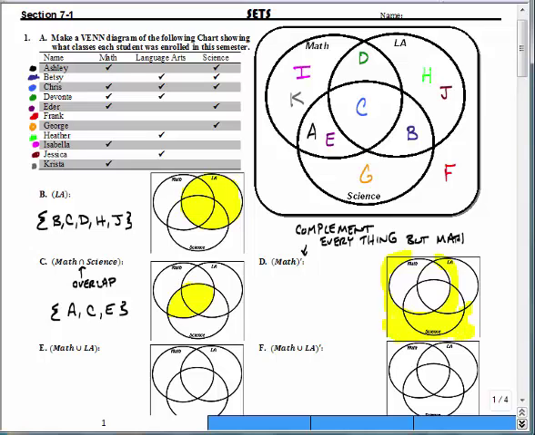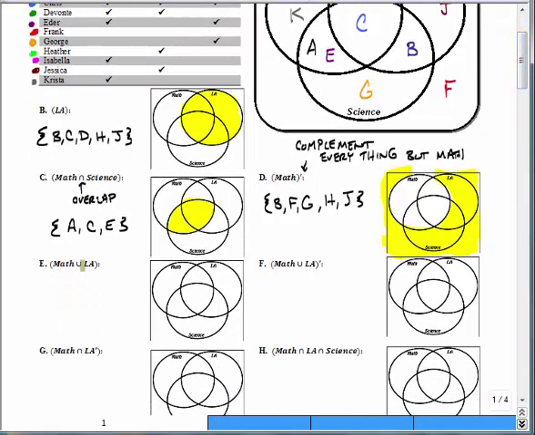Anything that's in this shaded region just outside of math counts. As long as they're not in math, they count. So starting with B, in alphabetical order, after that would be F, and then G, H, and J. Those are all the people that aren't in any math class. That's the complement, which means everything but.